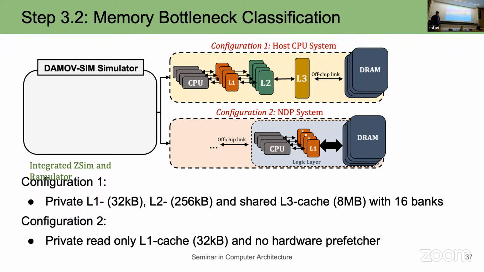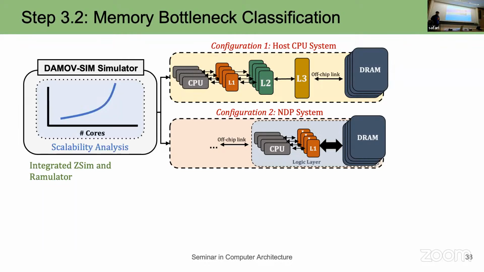And the second configuration is a private read-only L1 cache with no hardware prefetcher. The reason I'm mentioning the hardware prefetcher is because the third configuration, which is omitted, is basically the same as the so-called host CPU system, but also features a very simple hardware prefetcher on top of it.